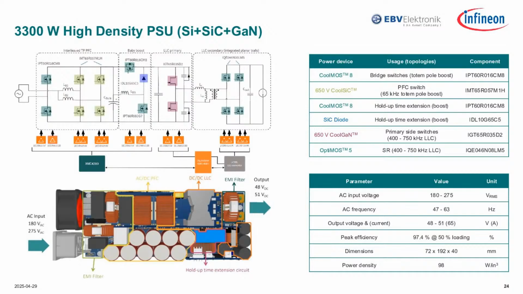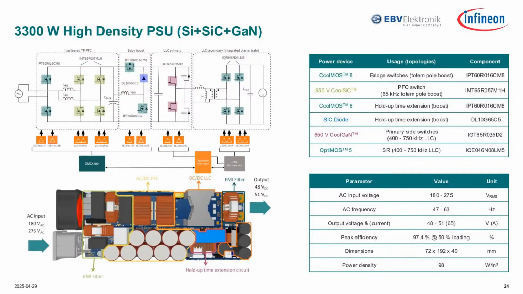So we would like to minimize that capacitor's value, or the volume of the cap. That's why we put a small boost converter in the middle stage between the PFC and the DC-DC. The boost converter only operates during the hold-up time requirement, meaning that the AC main is disconnected and we need to keep the output power at full load for certain milliseconds. So this boost converter is really small in size and its operation time is really short.